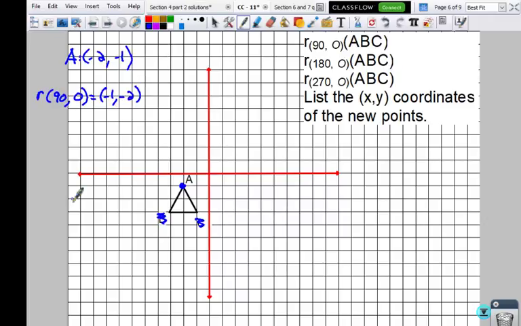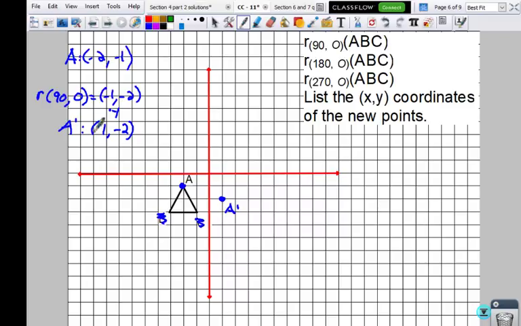And then we are going to multiply x by -1 to get, let's see, that'll change to a +1, -2. And because this is my new shape, that's going to be A prime. It's going to be at 1, -2. And I'm going to graph it. 1, -2. That's going to be right here. That is A prime.